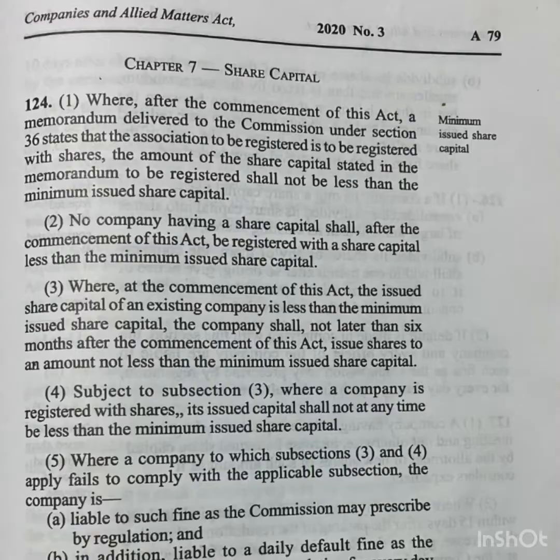Yes, the challenge with this particular provision is better understood and appreciated when one considers it in light of the provisions of section 124 subsection 3. Section 124 subsection 3 says that where at the commencement of this Act the issued share capital of an existing company is less than the minimum issued share capital, the company shall not later than 6 months after the commencement of this Act issue shares to an amount not less than the minimum issued share capital.